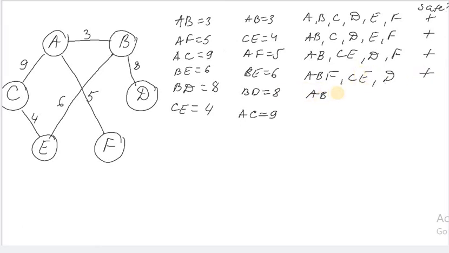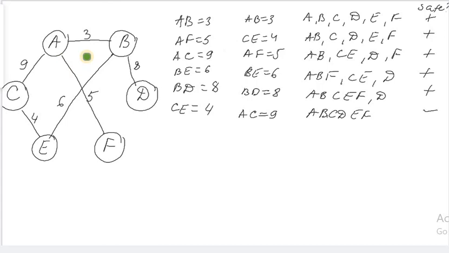We connect these two trees, and then we come to BD, and we see that B is here, D is here. We can merge these two trees, and we got this whole tree. And then we look at AC, but we see that A is here and C is here, so these two nodes are in one tree, and this is not okay. So we put a minus sign here, and this is the end of the algorithm basically.